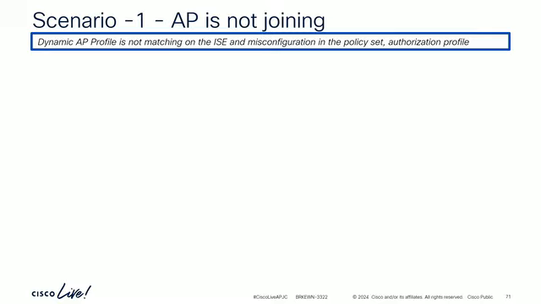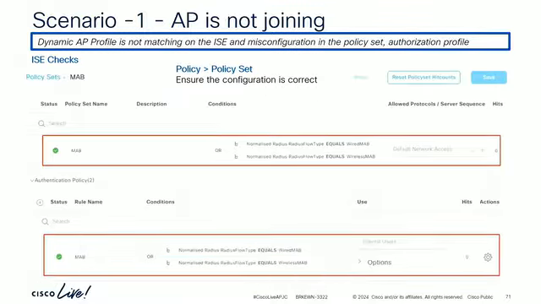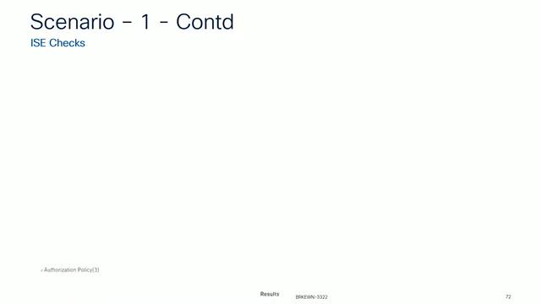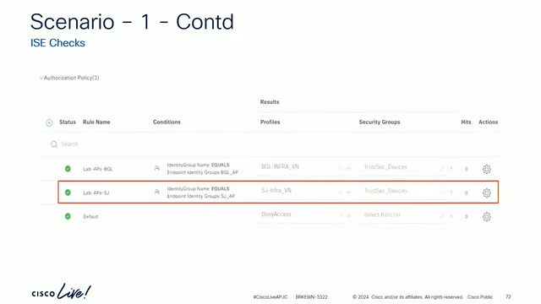Here, just in case the dynamic AP profile is not matching and a misconfiguration is done in the policy set and authorization profile, where to check? We can go to policy and policy set, and there we can check in the authentication policy, and after that in the authorization policy.